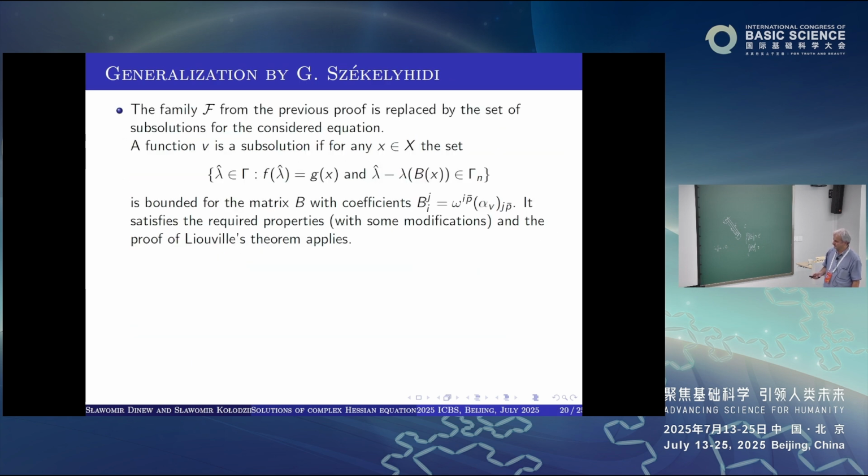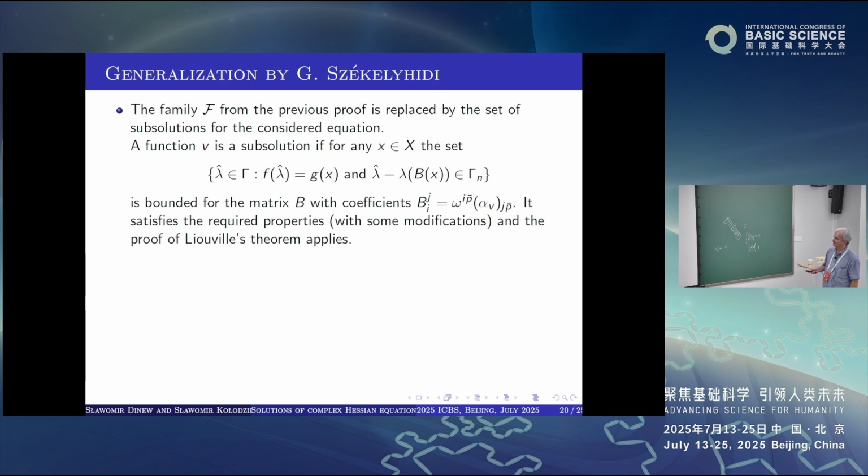And the family F, which I described in the proof of the Liouville type theorem, is now replaced by subsolutions for this more general equation. And the subsolutions are defined here. So v is a subsolution if this set of lambdas satisfies this and this condition, gamma_n denoting this cone of lambdas with all positive coordinates.